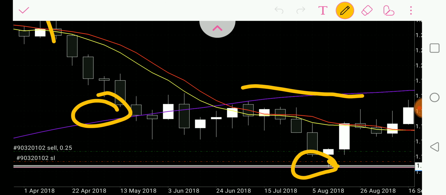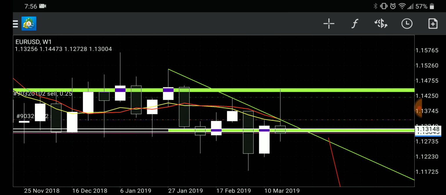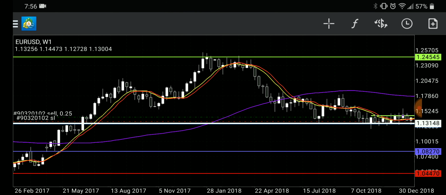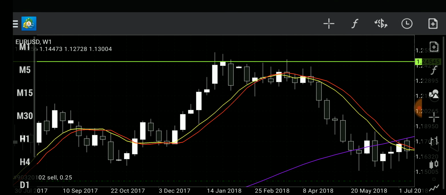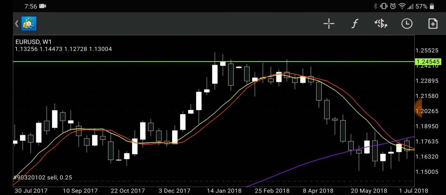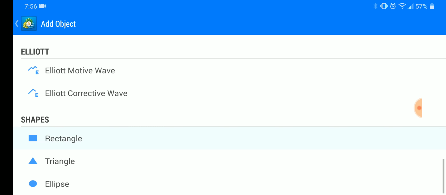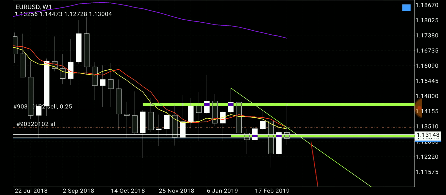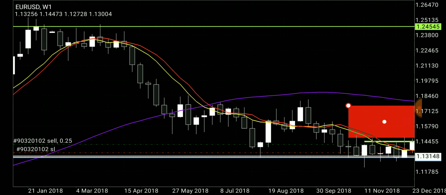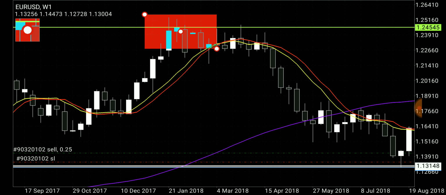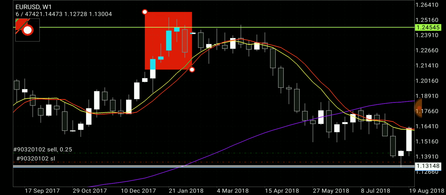Let's see if I can highlight it. Okay, so we had a dark cloud cover pattern up here.